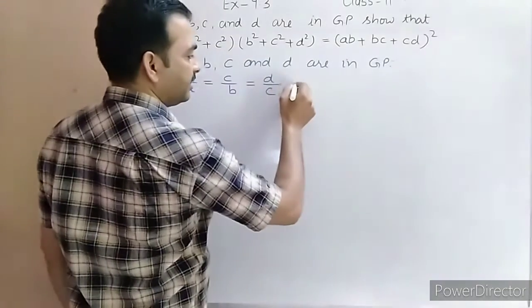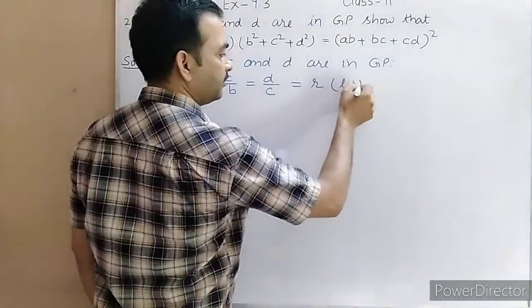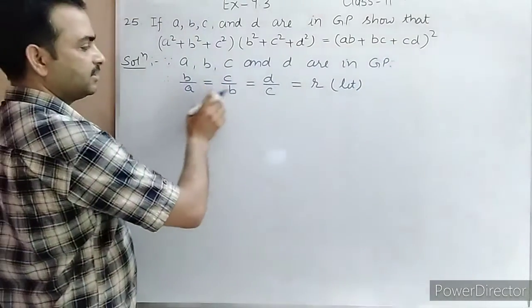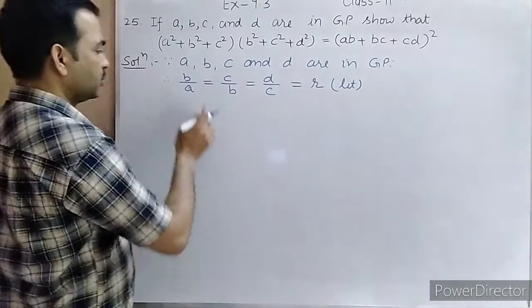So I can let it be equal to R. The ratio of B by A, C by B and D by C is equal to R.